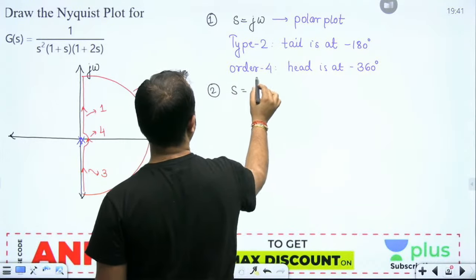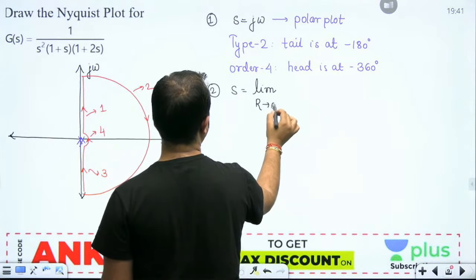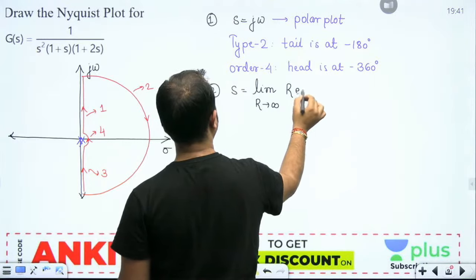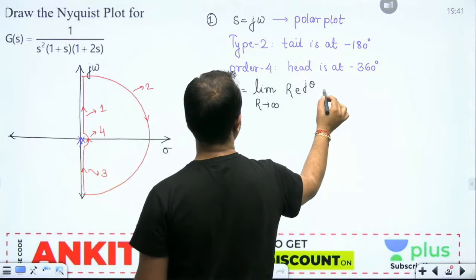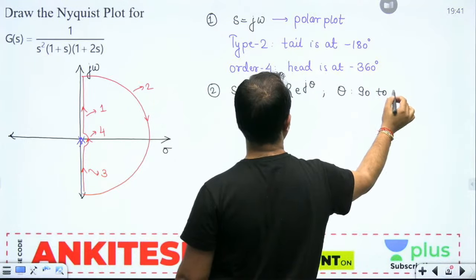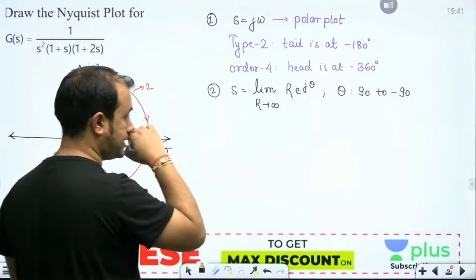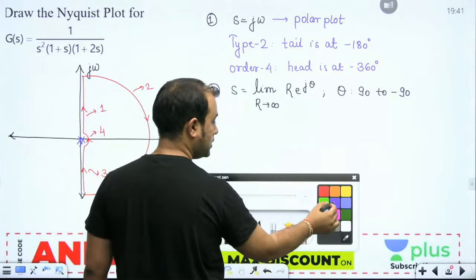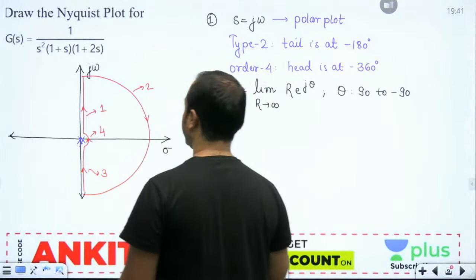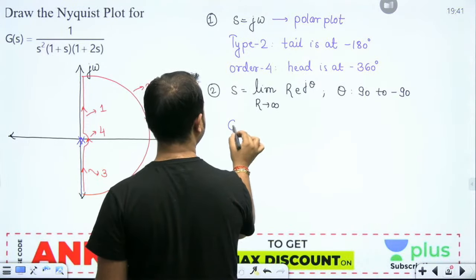Second, theta is 90 to minus 90. r e to the power j theta.